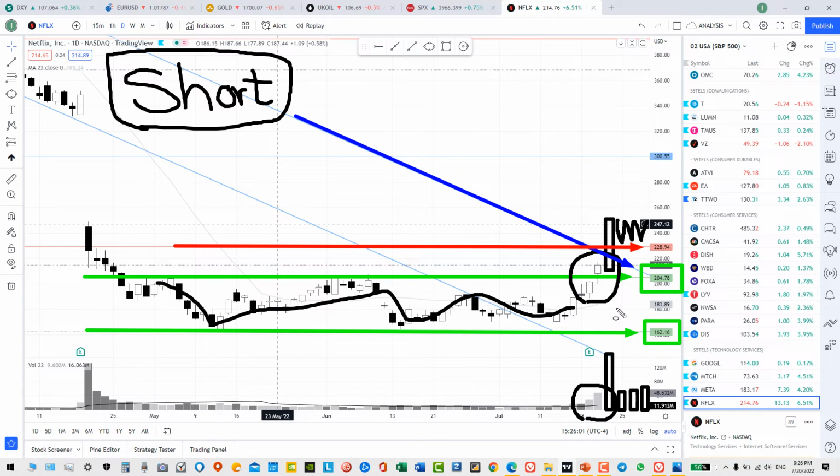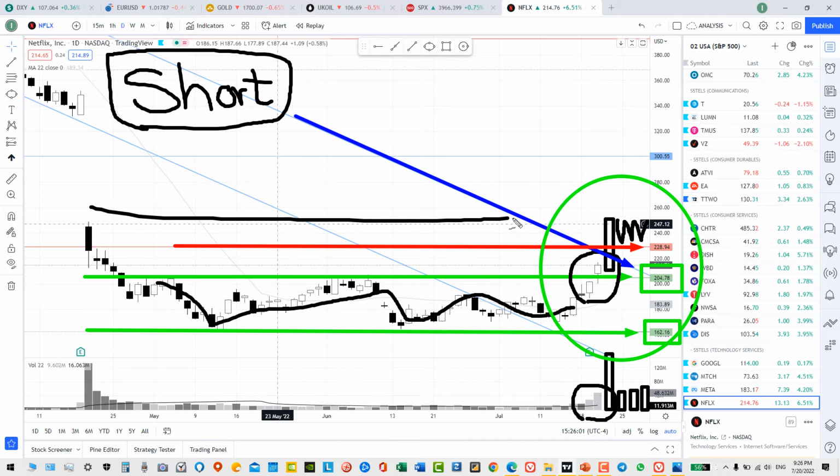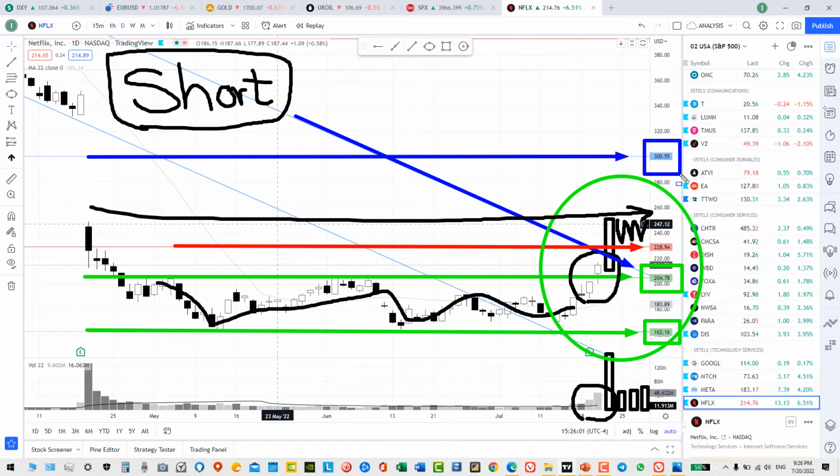This scenario over the short term may indicate a change in the structure over longer time frames, and only then we may target areas like 260 or the nearest weekly support around $300.